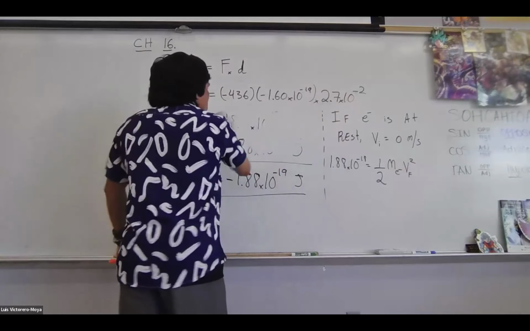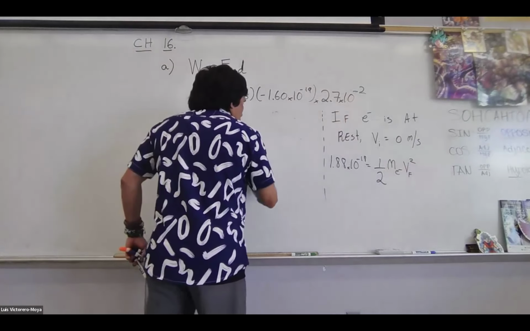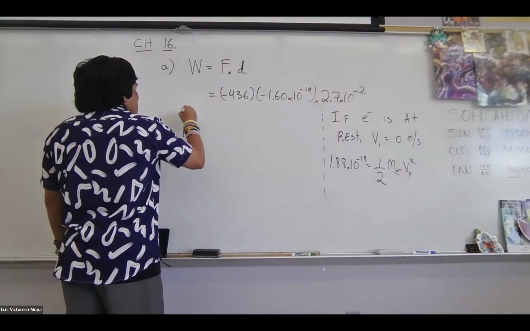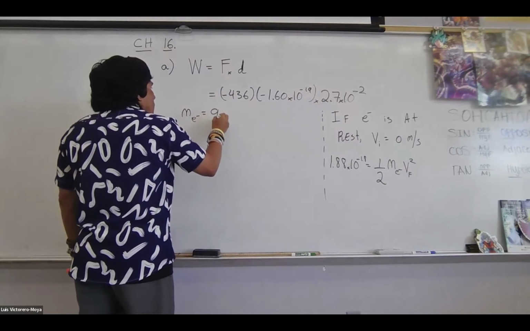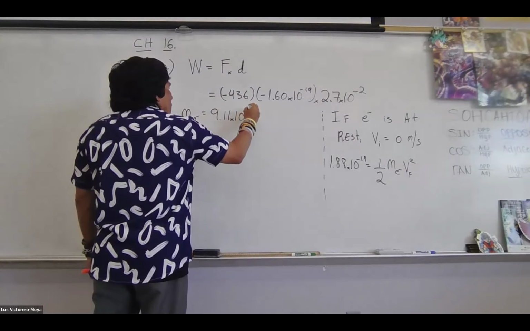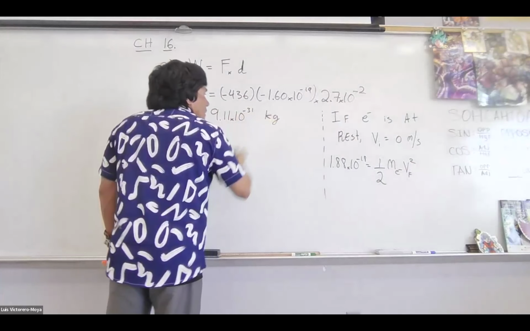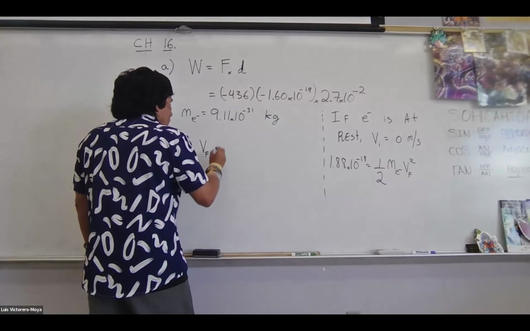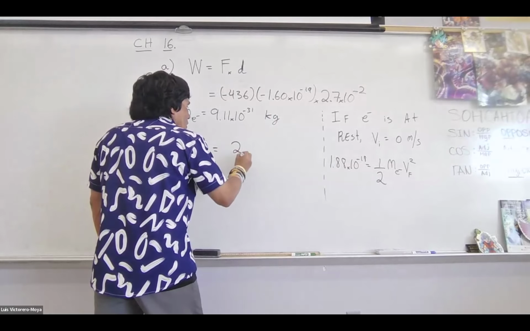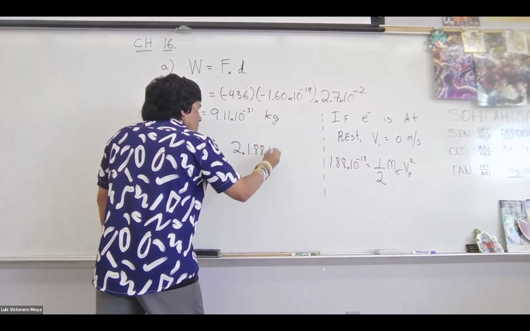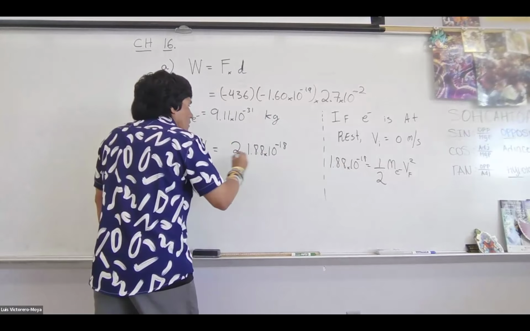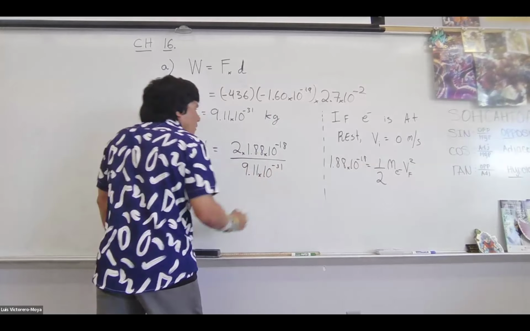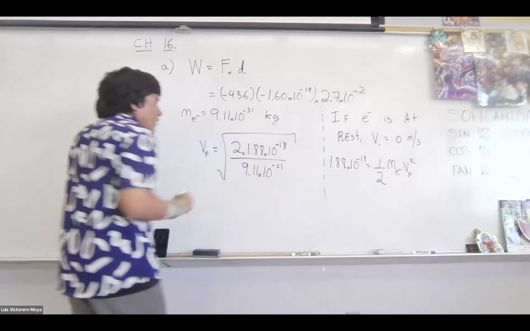Conservation of energy. So what's the mass of the electron? 9.11 times 10 to the negative 31 kilograms. The final velocity is the square root of 2 times 1.88 times 10 to the negative 18 divided by the mass of the electron.